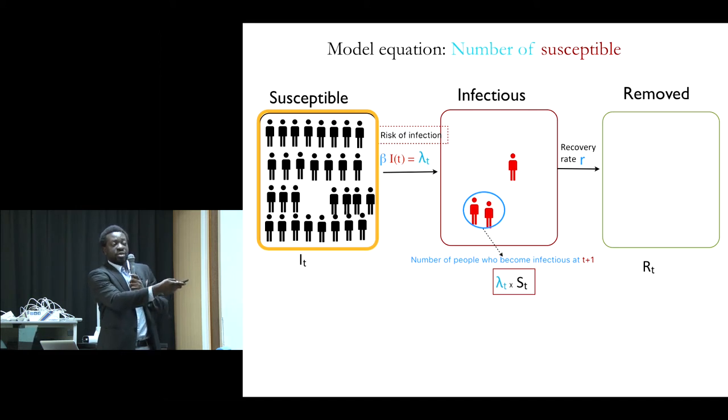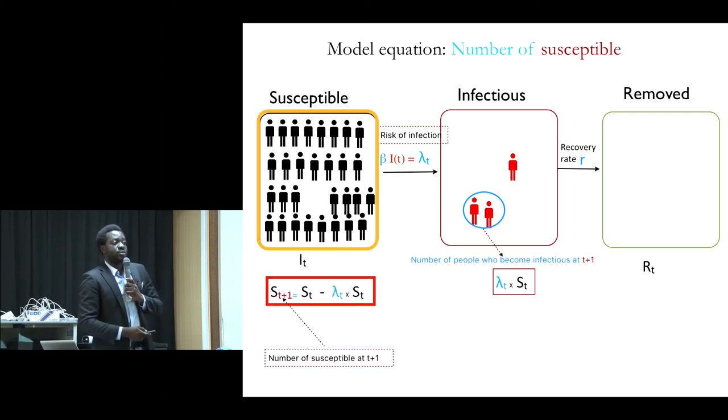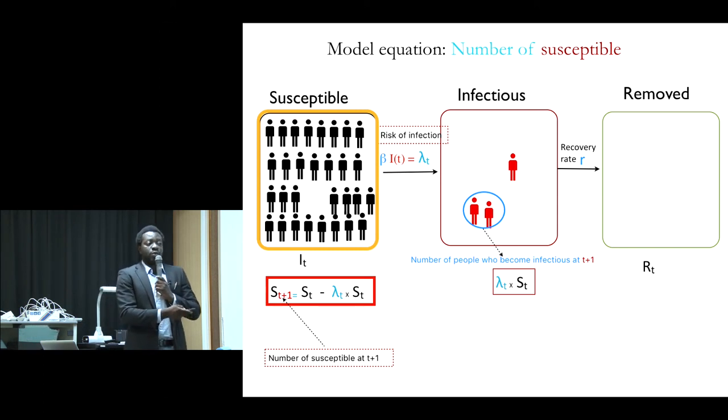Lambda t, remember, is the risk of infection multiplied by the proportion of susceptible. So if we want to predict the changes here, the number of susceptible at time plus 1 is the number of susceptible that we have today minus the number of those who went out. It's this one here. By just subtracting this group, we predict the number of those who stay here.